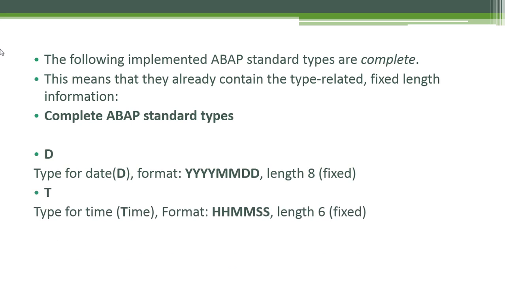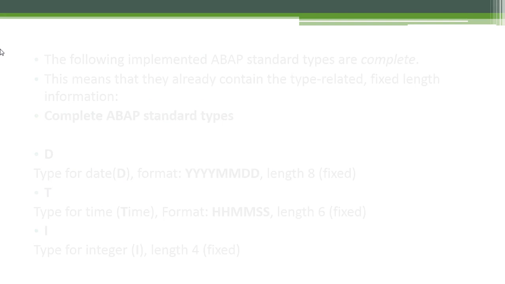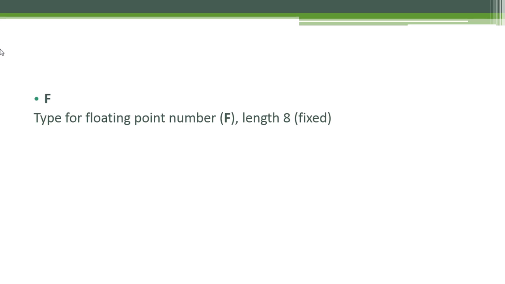The type for time, T. The format is HH for hours, MM for minutes, and SS for seconds, length 6. And the type for integer, I, it's length 4, fixed. We also have the type for floating point number, F, which is length 8.